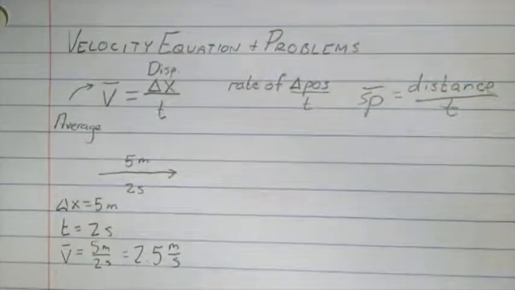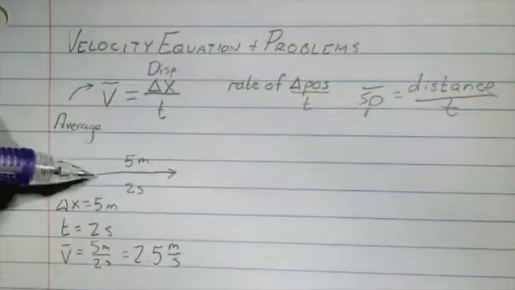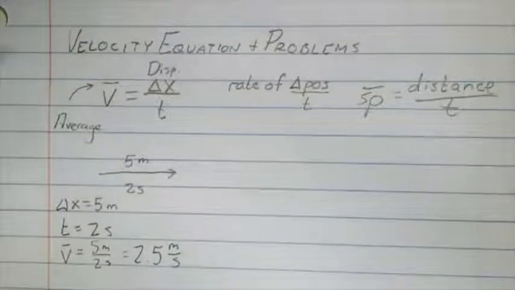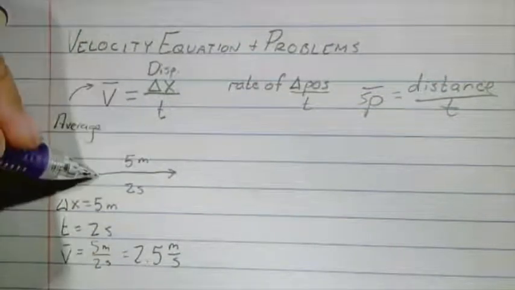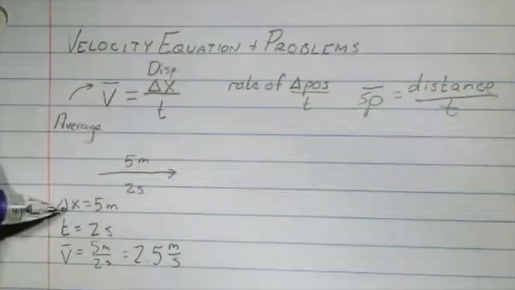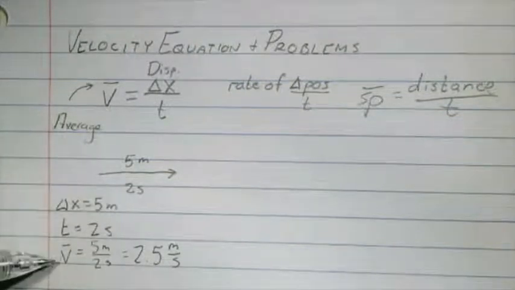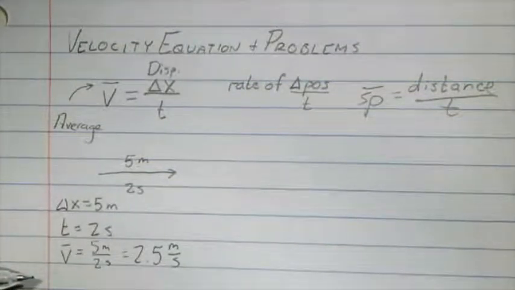That's my average velocity. And in fact, it happens to be in that direction. One way I could make this better is if I called this east. The displacement would be 5 meters east, and the velocity will be in the same direction as the displacement. It would be 2.5 meters per second east.